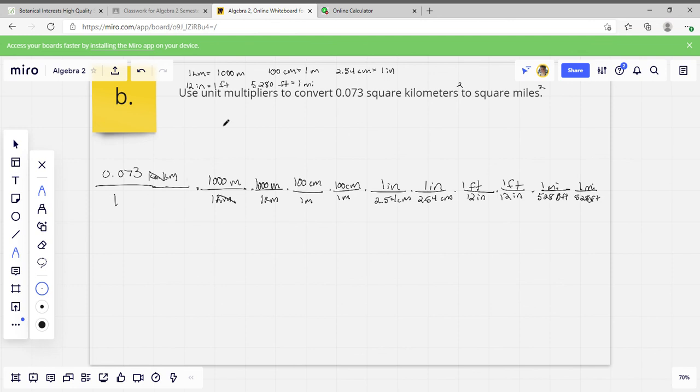So kilometers, meters, centimeters, inches, feet, and we're going to come up with square miles, and then we just multiply everything across the top. 0.073 times, we've got 1,000 and 1,000 squared, 100 and 100.